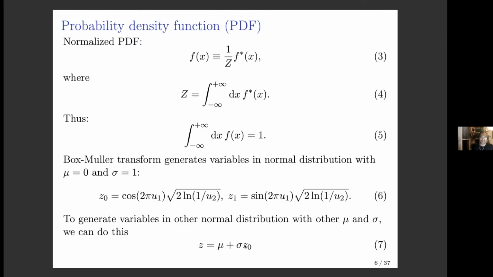We generate a random number from a standard Gaussian, which has zero mean and a standard deviation of unity, and then we just add the mean and multiply by the standard deviation. You get a Gaussian. But computers can do that these days.